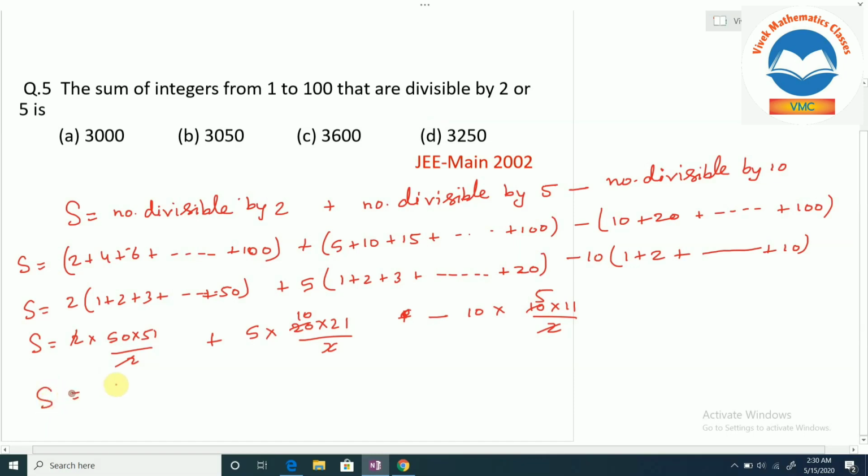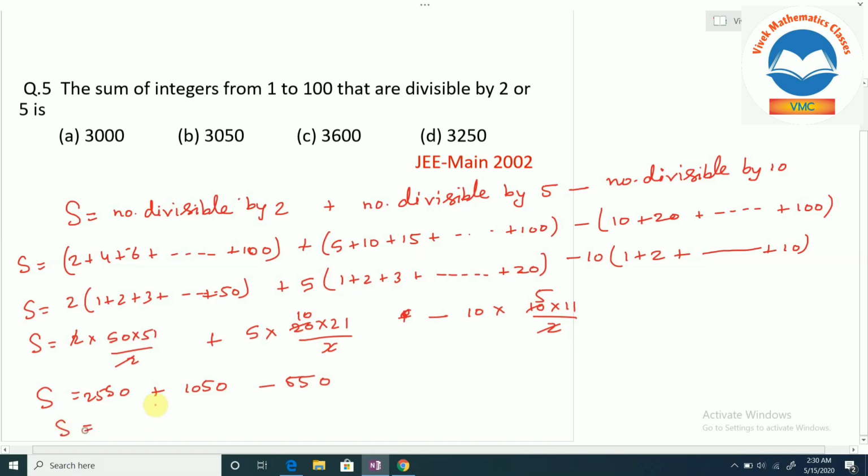Here S will be equal to, if you multiply 50 into 51, you will get 2550. Plus 21 into 5 will be 105, times 10, which is 1050. Minus 11 into 5, 55, times 10, which is 550.